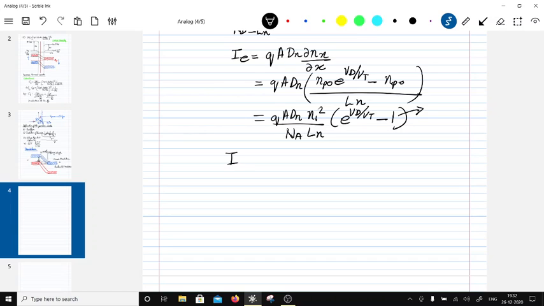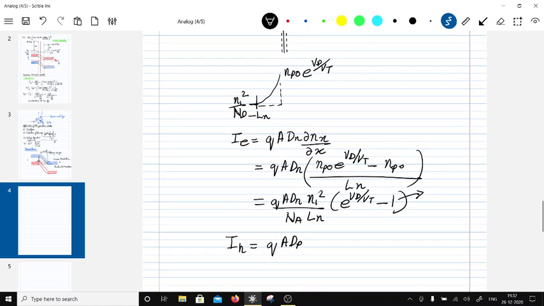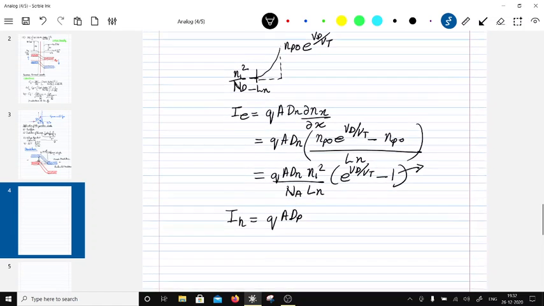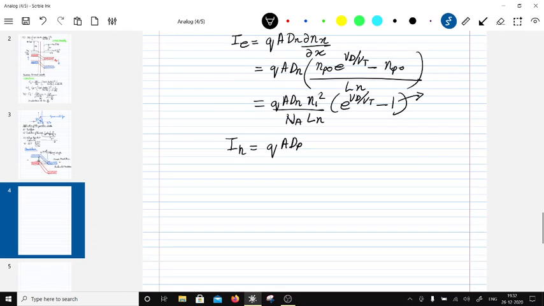So similarly you have got Ih is equal to QA Dp dou p x by dou x, so in that case PNO, Ni square over Nd Lp, e raised to Vd over Vt minus 1.